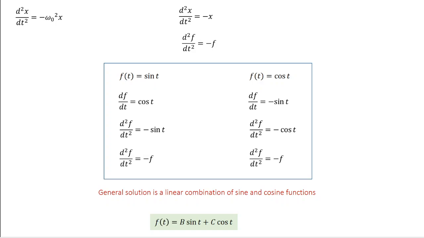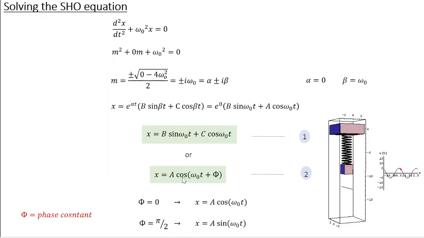In any case, now you know that your solution is a harmonic function, which is a linear combination of sines and cosines, or you can write it as a single function by invoking the phase constant. Now, since I have two solutions, let me analyze the equivalence of these two solutions.